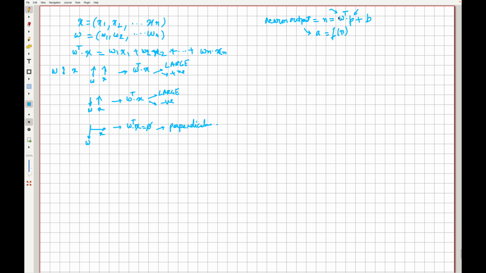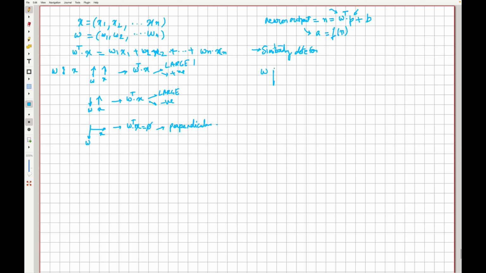So why is this important? It is important because, in a way, it works as a similarity detector. Each weight vector w represents a pattern.